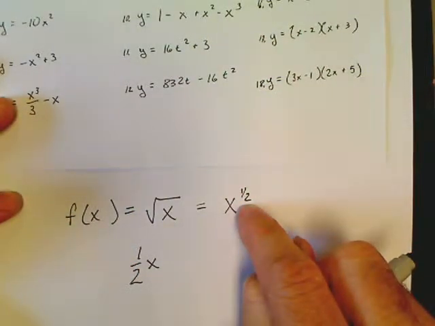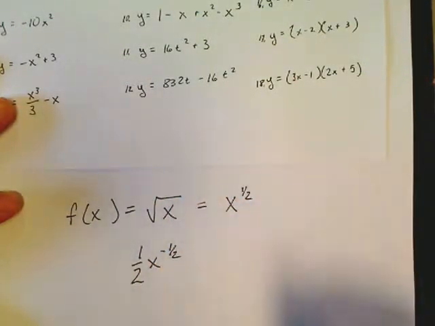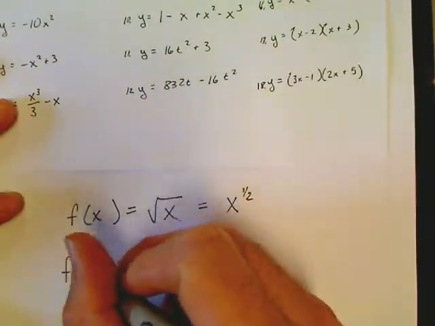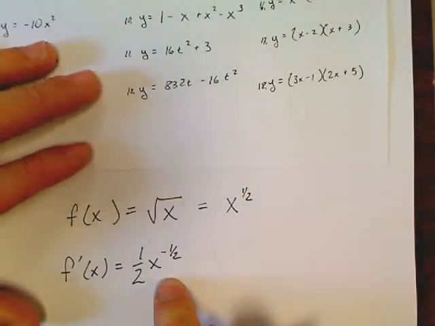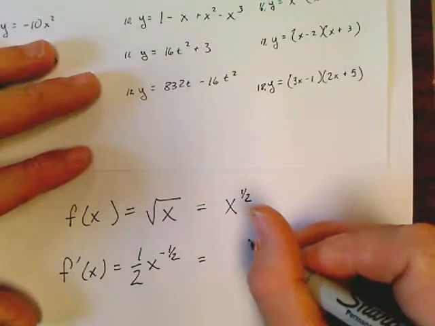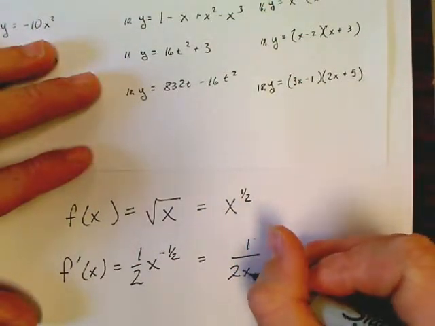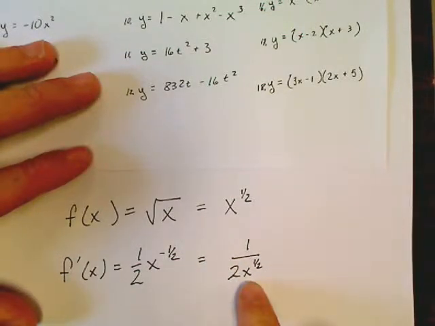Now subtract 1 from 1/2, and that's negative 1/2. There is your derivative. Now, I don't know of many teachers that would let you turn that in as an answer, x to the negative 1/2, but we could rewrite it as 1 over 2 times x to the 1/2. We just take that x to the negative 1/2, put it down here, and then we've got a positive exponent for it.